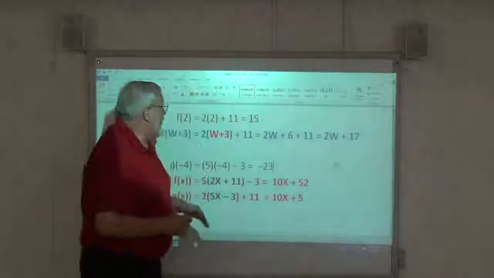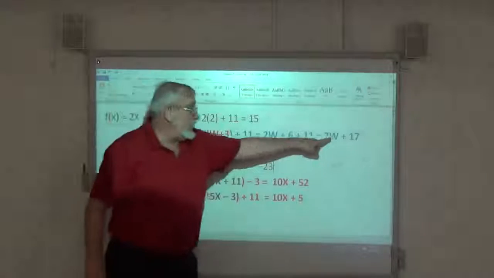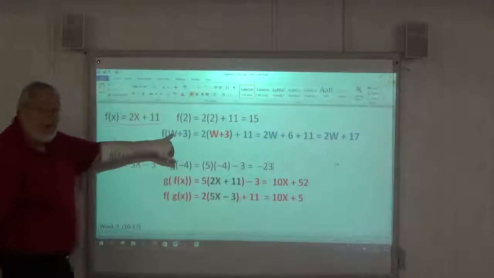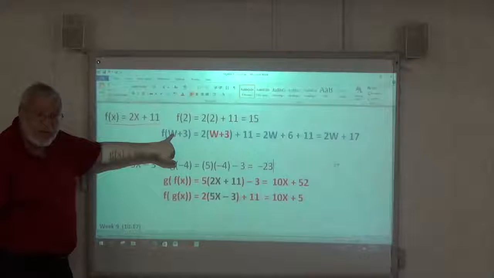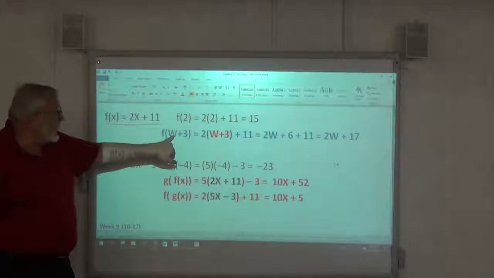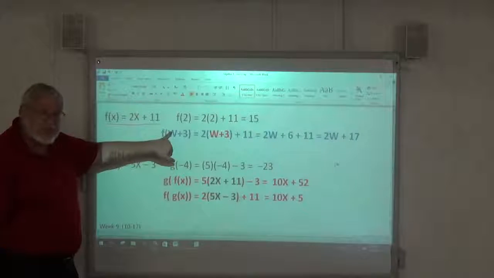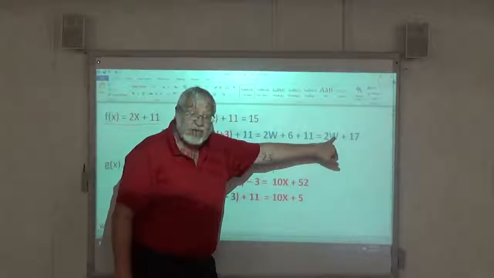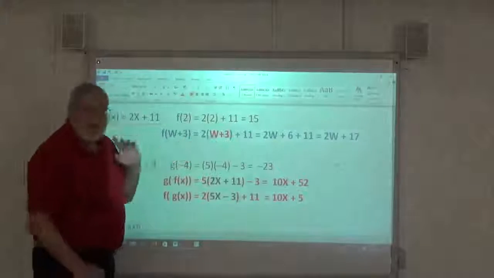Does that help? Okay, so the W at the end comes from the fact that I changed the variable. Now, I could have had this say x plus 3. If I would have said x plus 3, then this would have been an x, and this would have been an x. I've seen a problem like that.